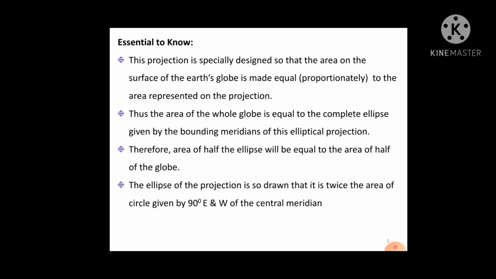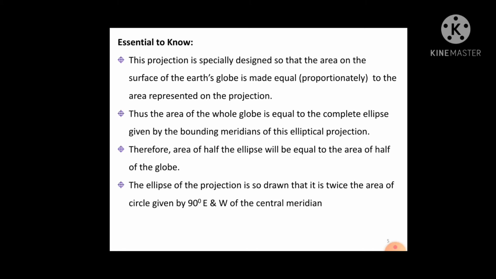Essential information to know about this projection. This projection is specially designed so that the area on the surface of the Earth's globe is made equal to the area represented on the projection. That is most important.